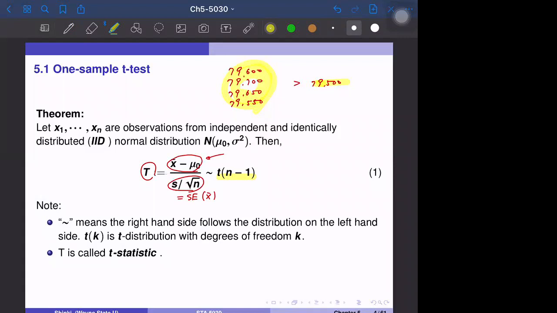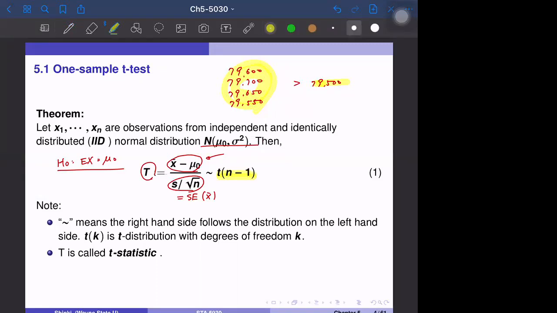So you can see if this capital T is extreme or not based on this statistic. To be exact, if the null hypothesis, the expectation of X is equal to mu naught, is true, so that means X follows this normal distribution, then capital T follows this T distribution with df n minus 1.